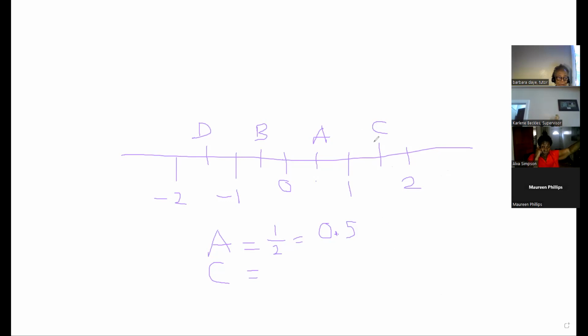So what's midway between $1 and $2? It would be $1.50. Yes.